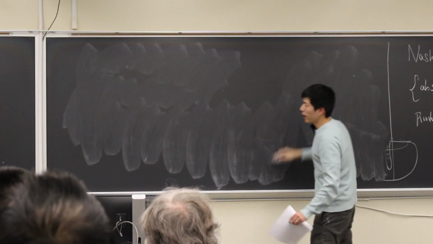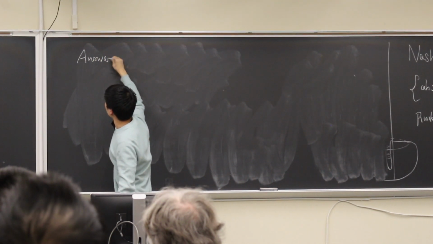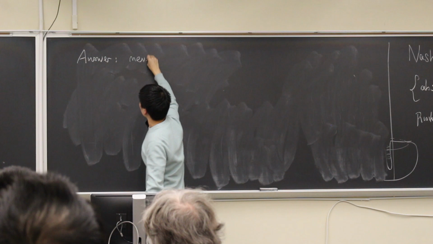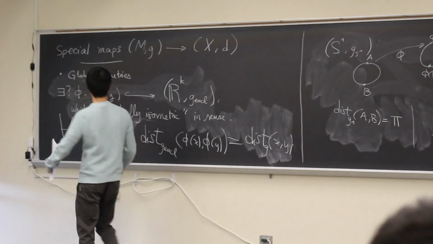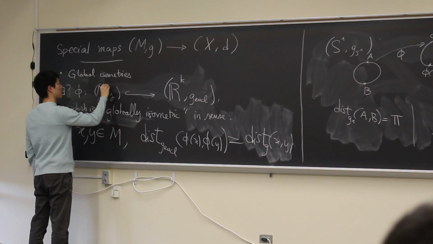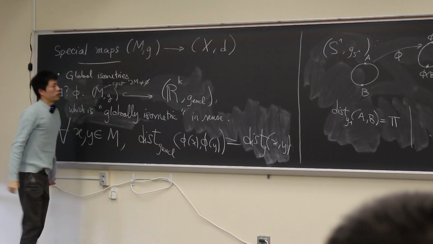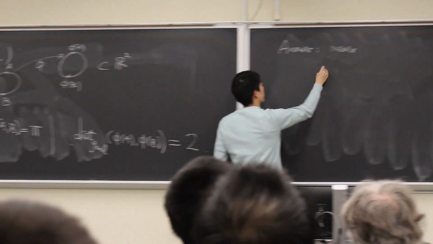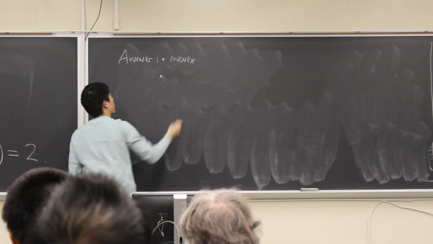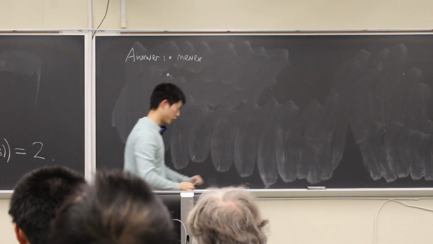So the answer to the question is no. It's never possible. At least, again, you're considering M, which is compact and closed, so boundaryless, so compact. It's an exercise that you can try to show.